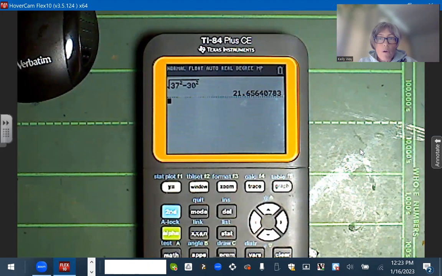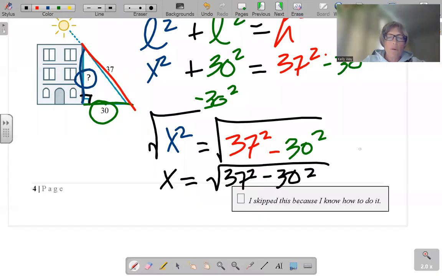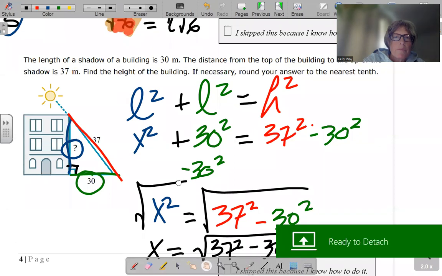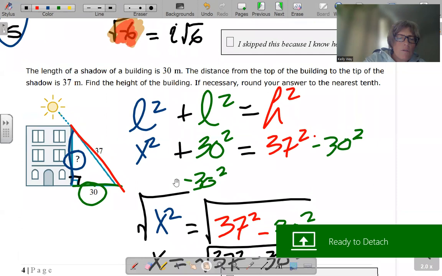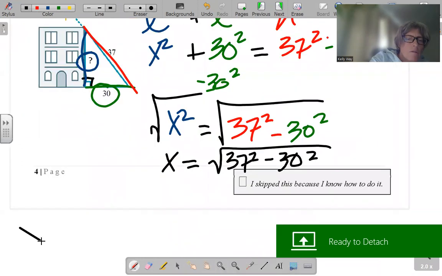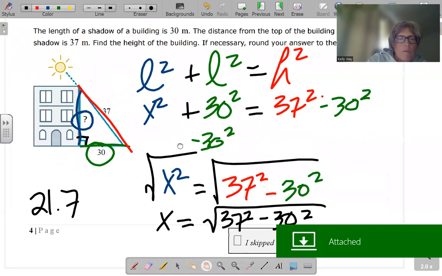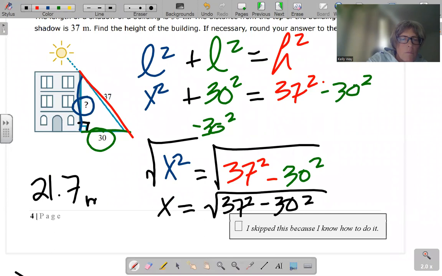You check your thing here, and it's usually round to the 10th place on ALEKS, so it's 21.7. Let's double check that that's what it wants. And it is, so we do 21.7, check for units. Meters is your X.